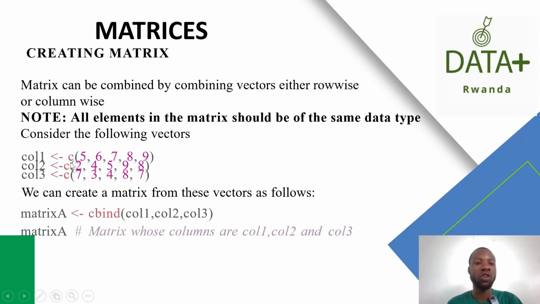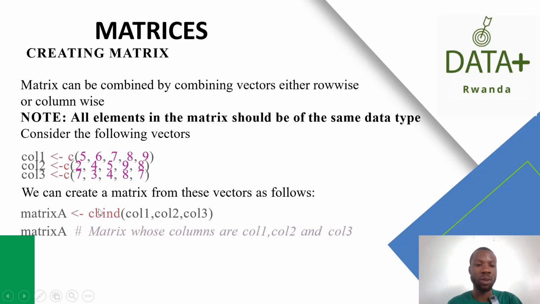So I will make sure that each column that I'm going to combine has the same data type, but also that each of them has equal length. I think you understand the length. So we can create matrices from these vectors, as in the following example, where you can use cbind.